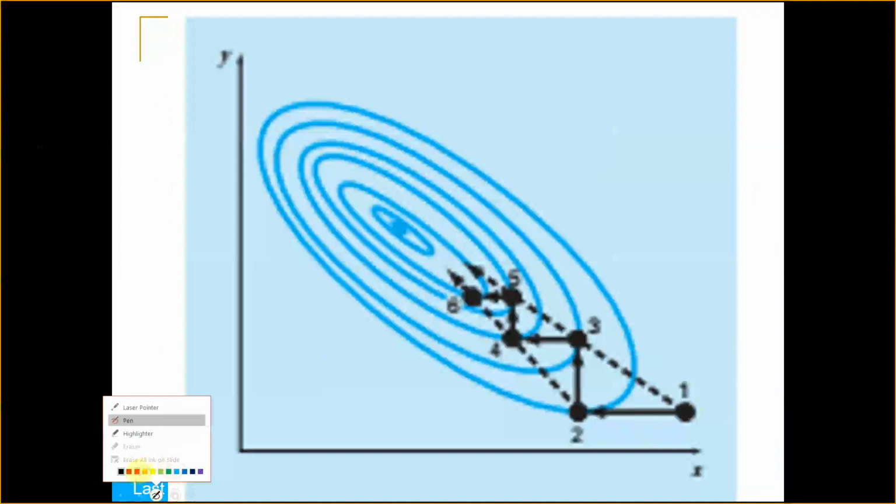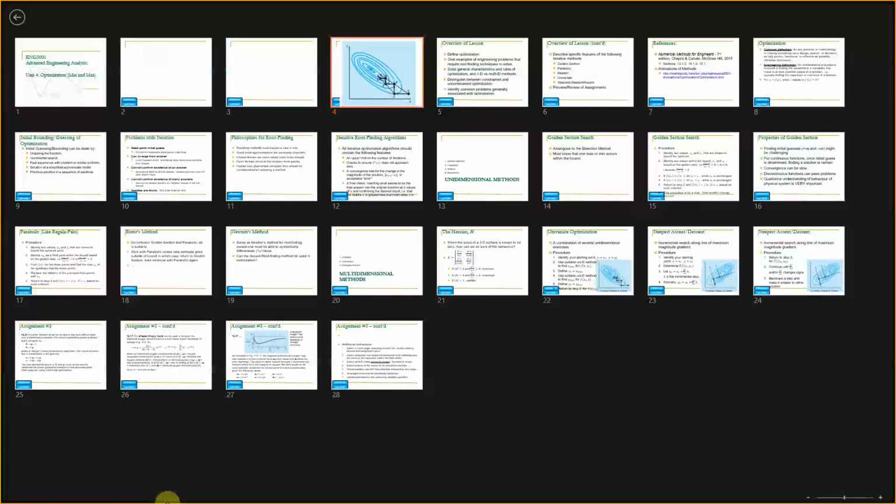Use orange. The point two is the ZX coordinate. All right, that's not the best color. Let me go back to red. Oops, sorry.